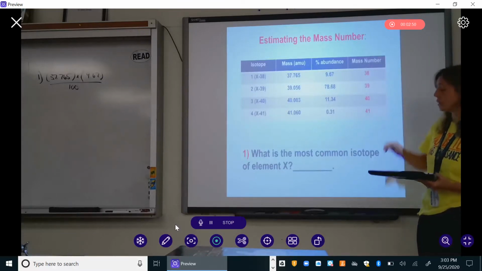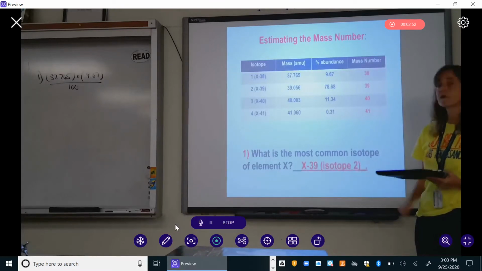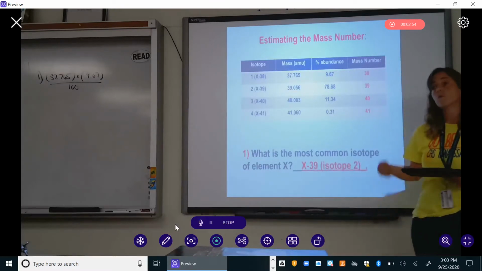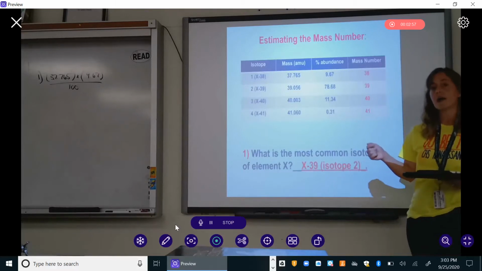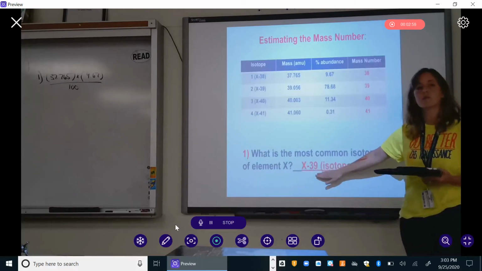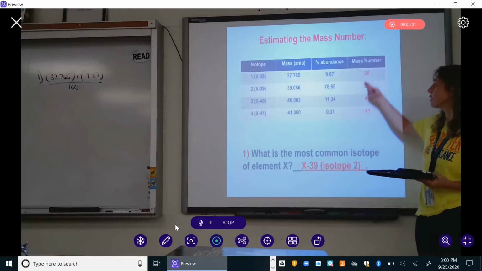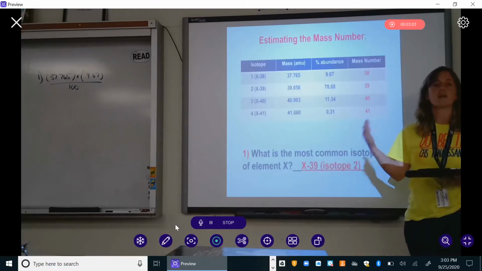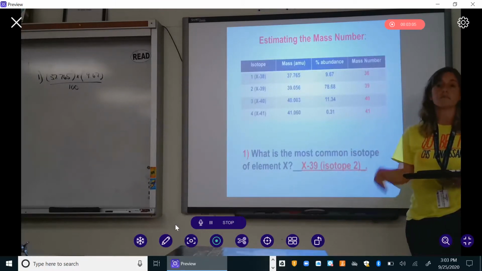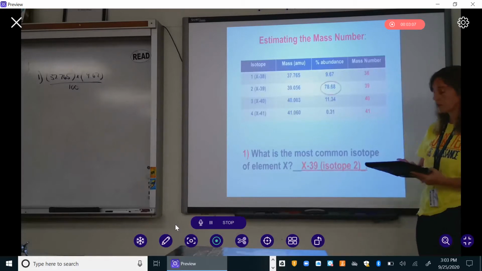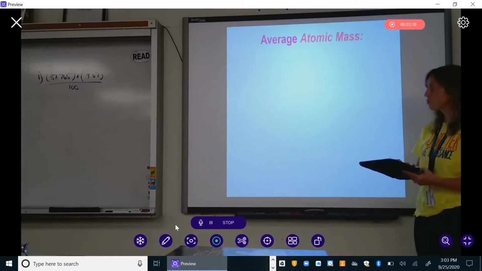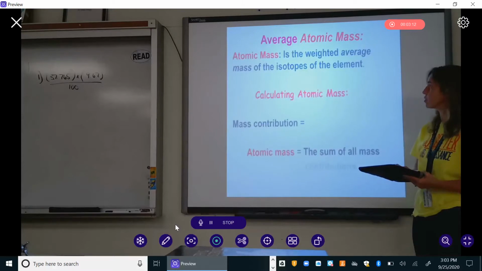So 39 is going to be the isotope that occurs most often. So when we actually calculate the average atomic mass, it's going to be closer to 39 than to any of the other isotopes, due to the fact that it occurs more often out of 100 atoms than any of the others. Okay?